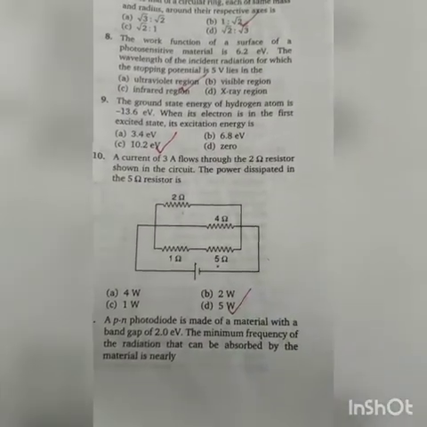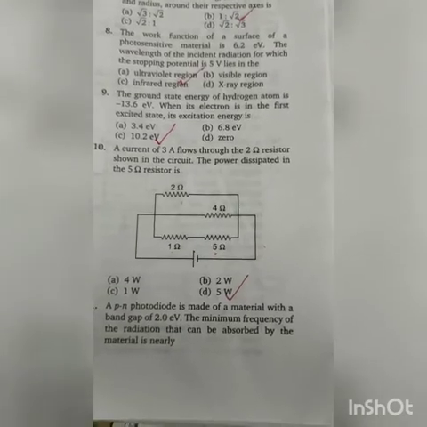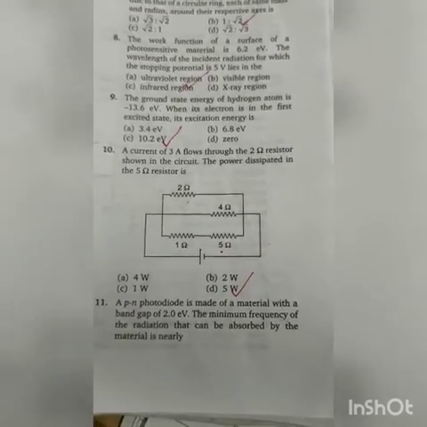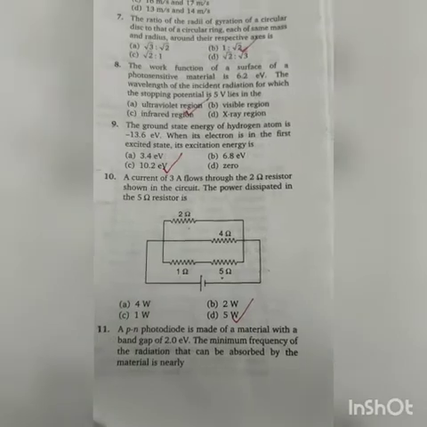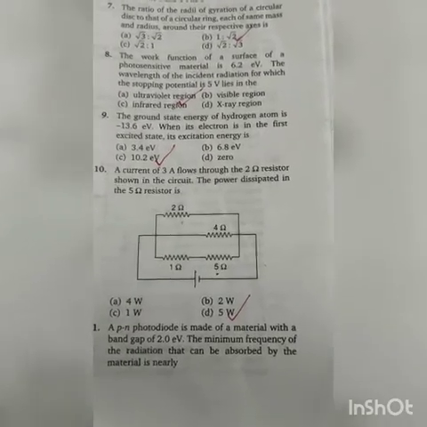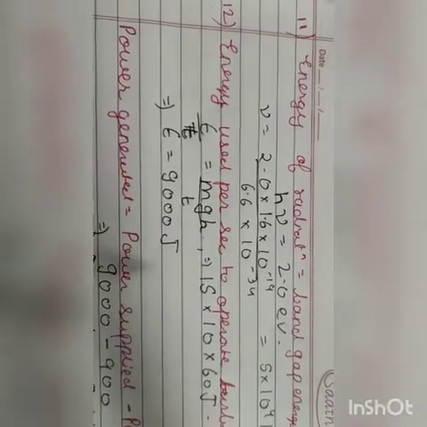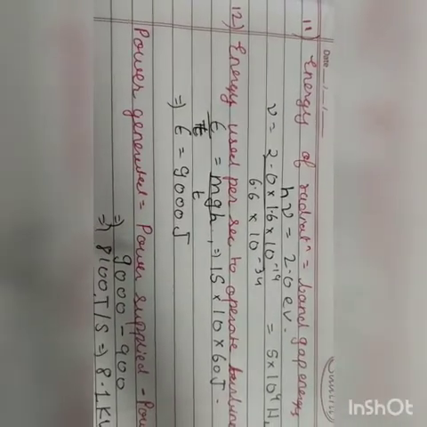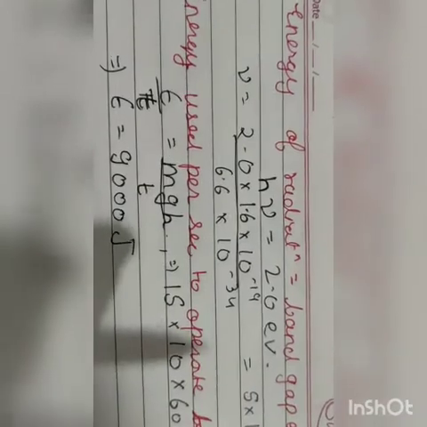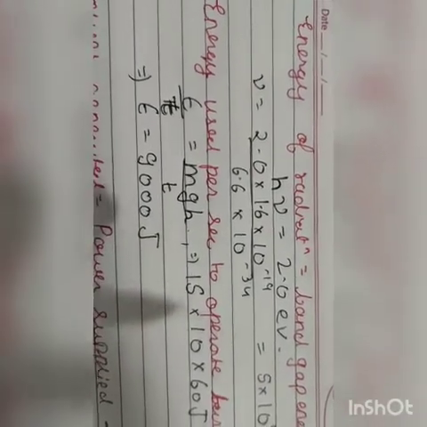Now question number 11. A PN diode is made of a material with a band gap of 2 electron volt. The minimum frequency of radiation that can be absorbed by the material is nearly? So here we know that energy of radiation is equal to band gap energy. So energy of radiation is equal to h nu, that is 2 electron volt, as band gap energy is given.